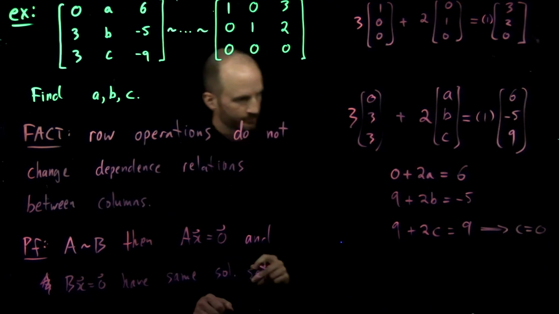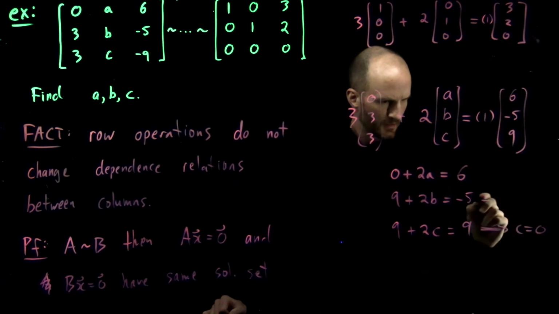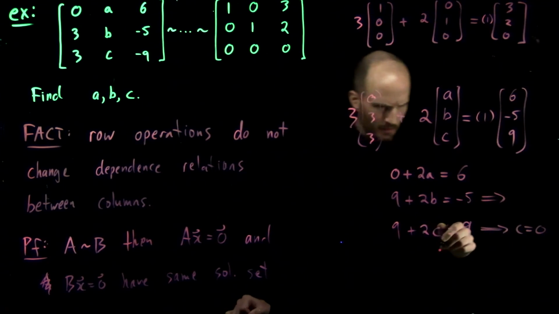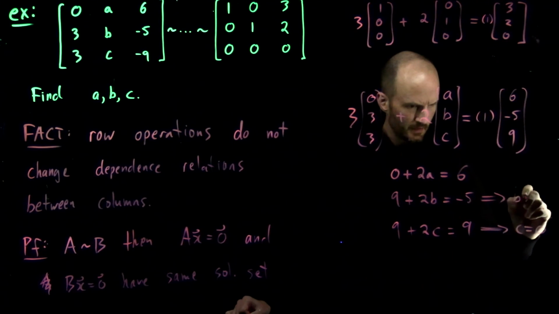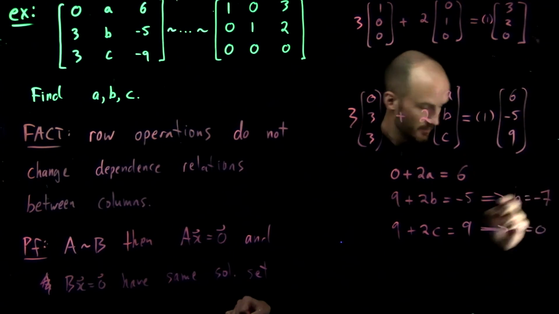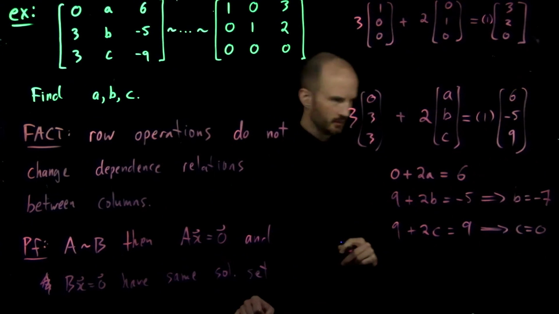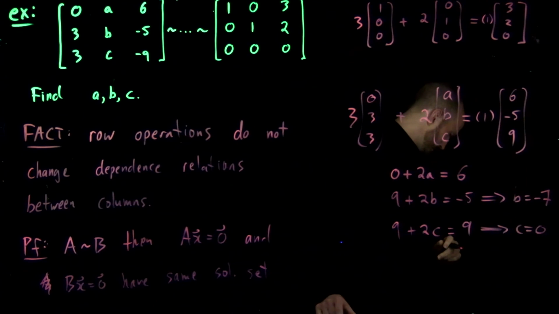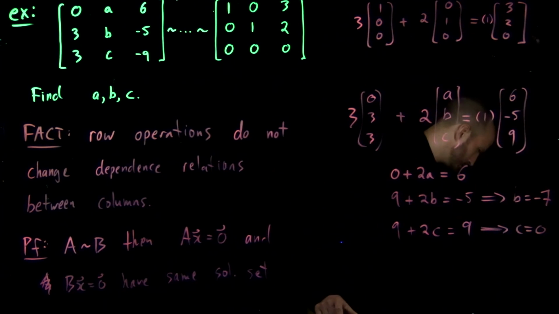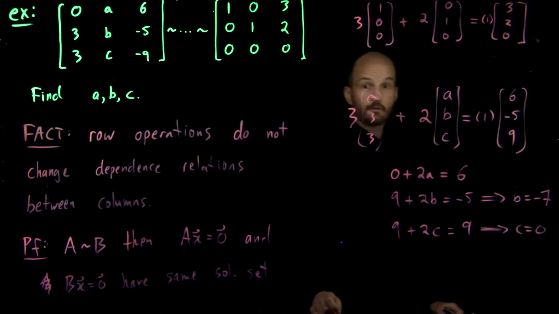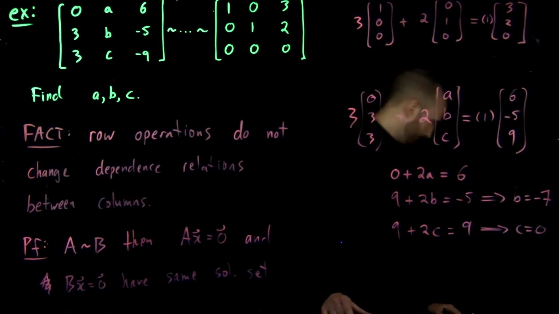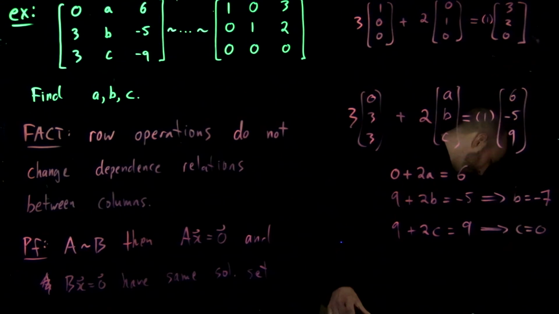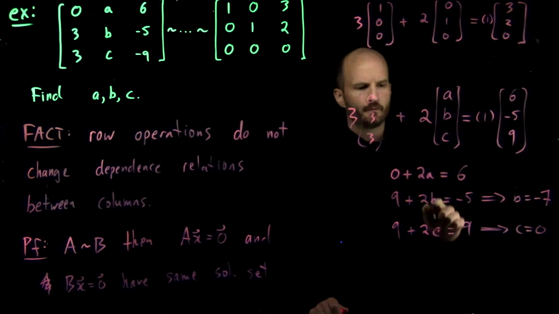C is 0 from that equation. B is -7 from this equation. Don't check my notes. Am I on the right track? I sure hope so. I'm going to have to go back. Et voila. A is 3.